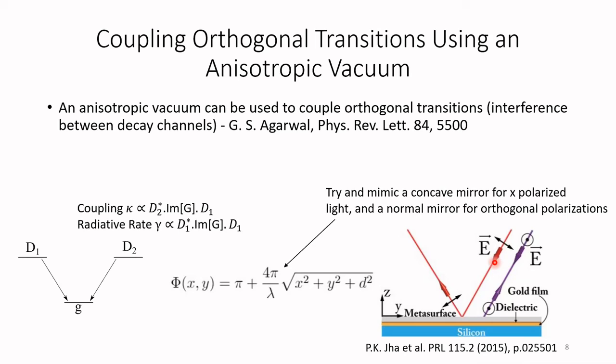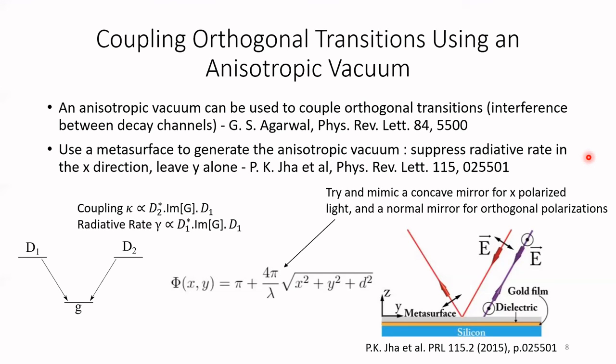But if I look at any other polarization, either Y or Z, I'm going to let that act as a normal mirror. So I'm not going to focus the Y or Z polarized fields back at the emitter. So the emitter essentially sees the same Y and Z polarized fields as it would have without the metasurface. So only the X direction has been suppressed, but the Y hasn't.